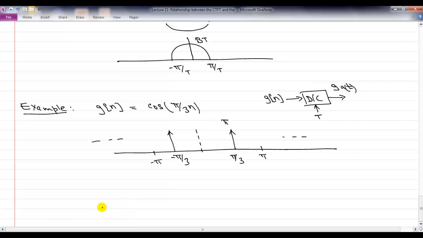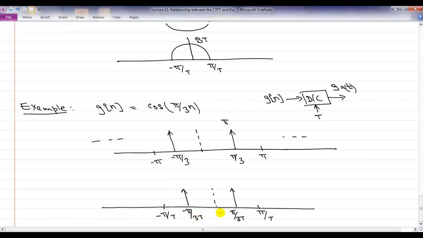Well, I say that the reconstruction is ideal, which means that you have an ideal reconstruction filter. In that case, all you have to do is scale the axis and just focus on the principal period. So the principal period becomes minus π/T to π/T. Now this location becomes π/(3T), this location becomes minus π/(3T), and you also have to scale the amplitude.